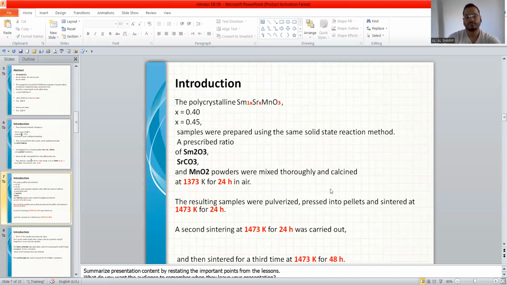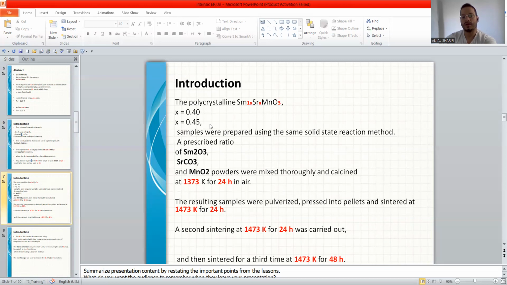Here, like I said before, we will focus on these two concentrations, 0.4 and 0.45. Samples were prepared using the same solid state reaction method. To make all of them, they used the same solid state reaction method.